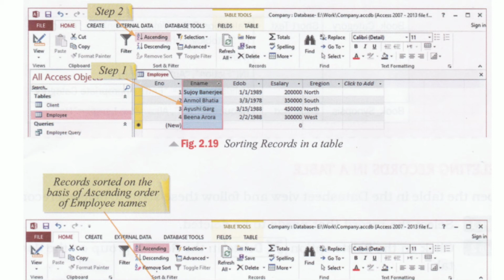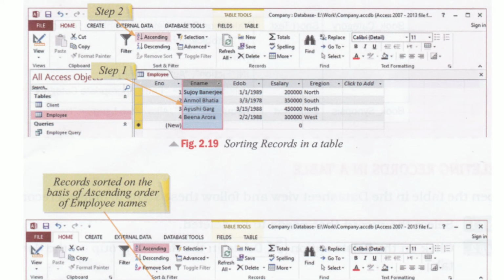If we want to sort the e-name column according to ascending order, meaning alphabetical order, we can arrange it.